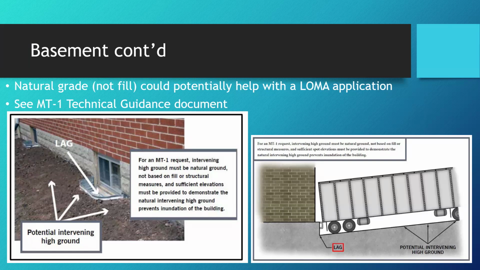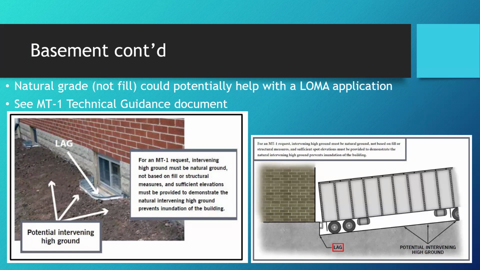So it has to be built on natural grade, and then we look at that higher grade that's around the window well. And if that's at or above the base flood elevation, it might get approved for a LOMA. Potentially, it kind of depends on who's doing the reviewing. It's not a guarantee that it's going to be approved.